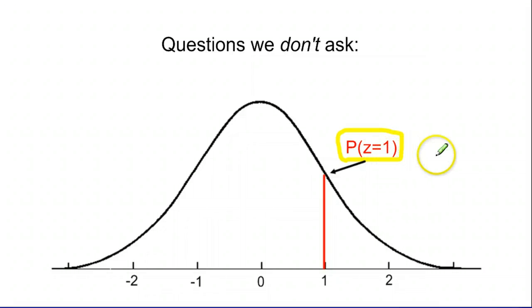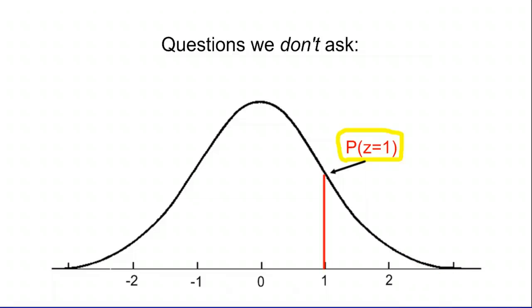The reason is that the normal curve is a continuous distribution, which means that the difference between 1 and 1.000001 is infinitely tiny. All the values are effectively connected. So the probability that something has a z-score of exactly 1 in a perfect normal curve isn't really a logical question to ask, because it's just an infinite slice.